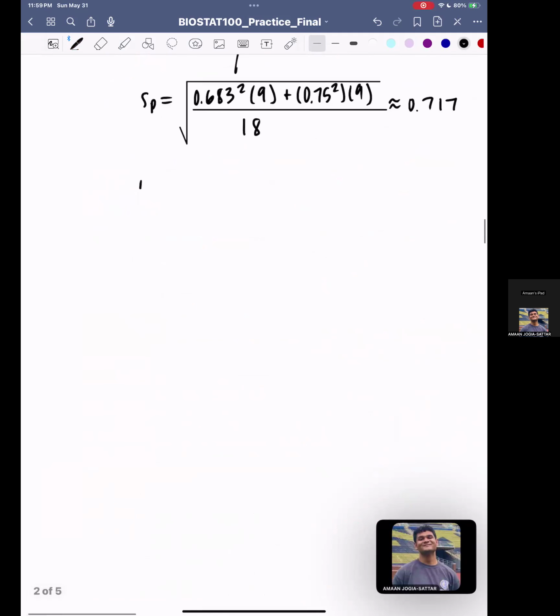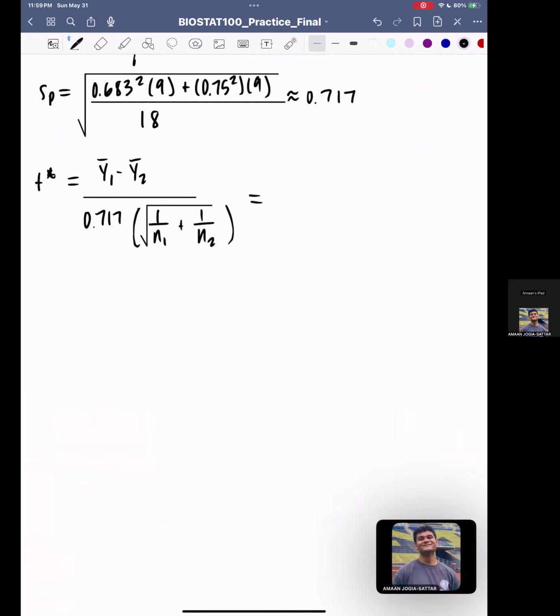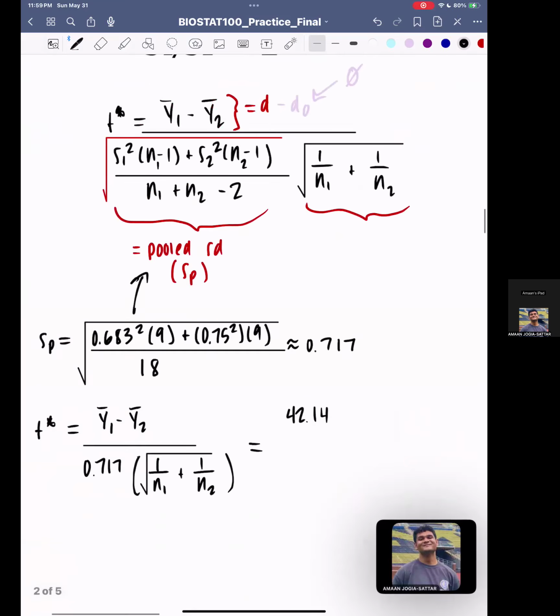So we have t star equals y1 bar minus y2 bar over 0.717 times the square root of 1 over n1 plus 1 over n2. And here, now we can plug in y1 bar minus y2 bar, which is going to be 42.14. Let me double check this really quick.